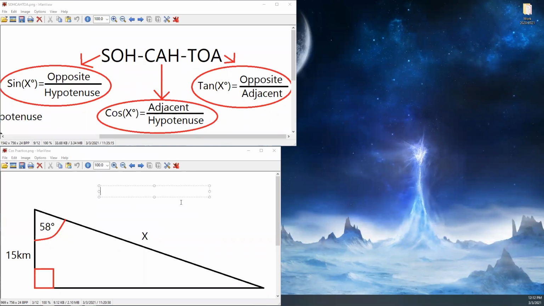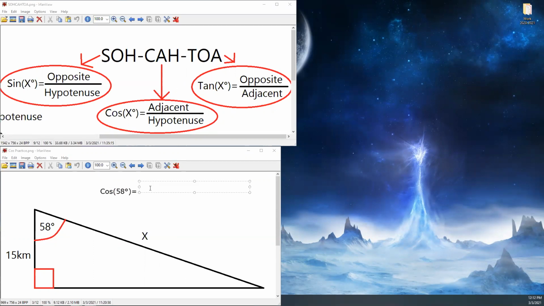Let's set it up. Cosine of 58 degrees, right? Our angle equals. Now, this is the other part. Use SOH-CAH-TOA to set it up correctly. If you have the fraction flipped, you're going to get it all wrong. So we've got adjacent on top, hypotenuse on bottom.